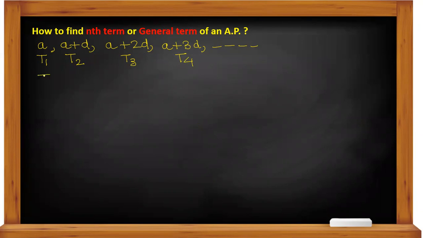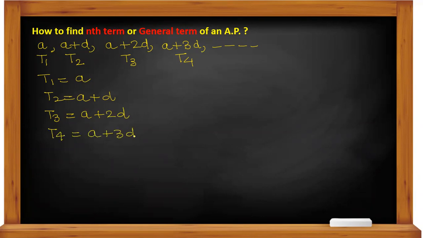So T1 is equal to a, T2 is equal to a plus d, T3 is equal to a plus 2d, and T4 is equal to a plus 3d.